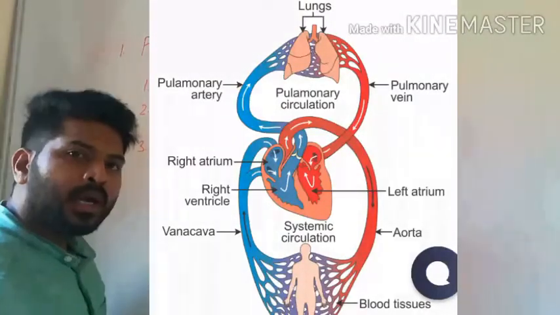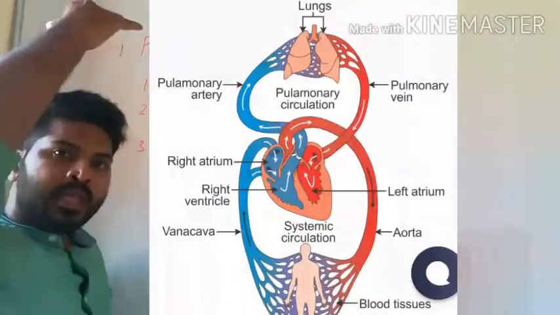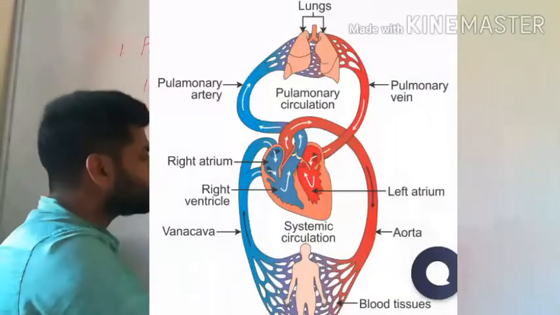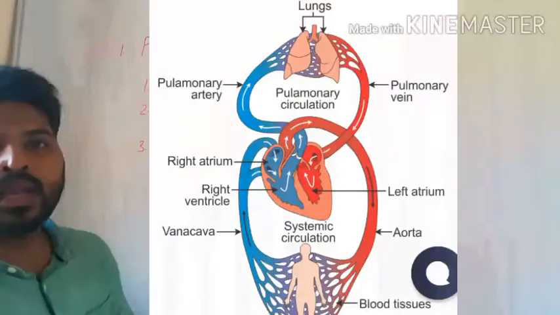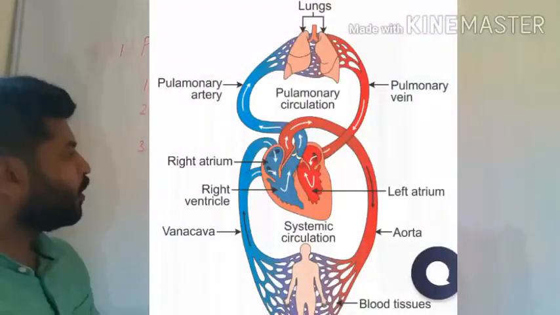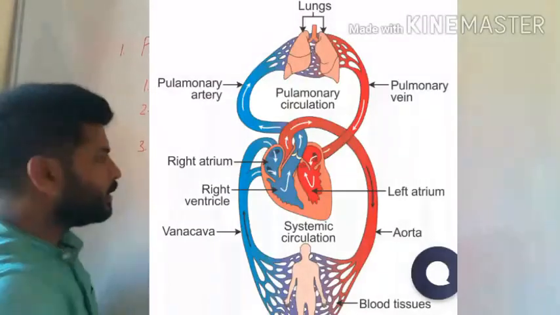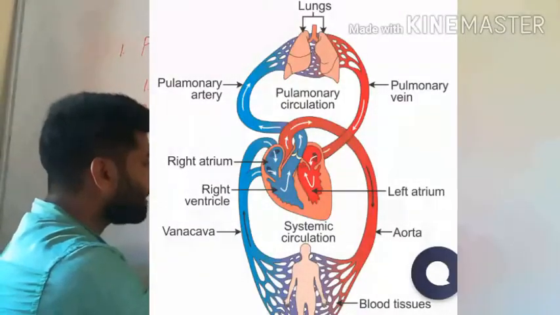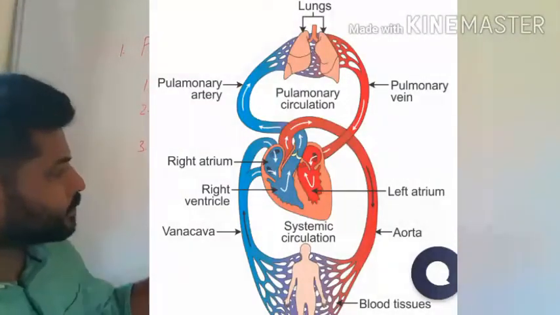From the lower parts of the body, there is one vein, and from the higher parts of the body, from head to brain, blood is taken. All this deoxygenated blood is pumped into the right atrium, from where, when the right atrium contracts, this deoxygenated blood is then pushed into the right ventricle. So that is the direction of flow of blood.